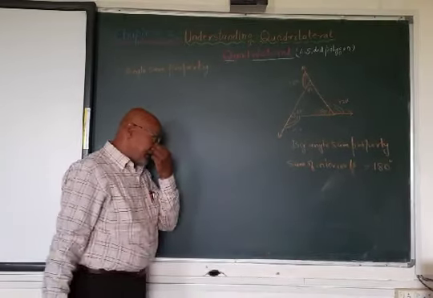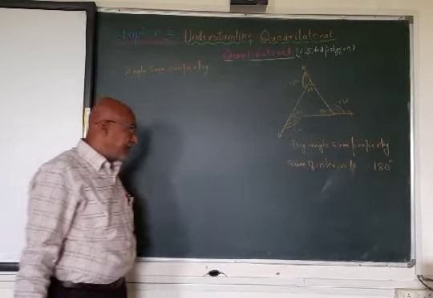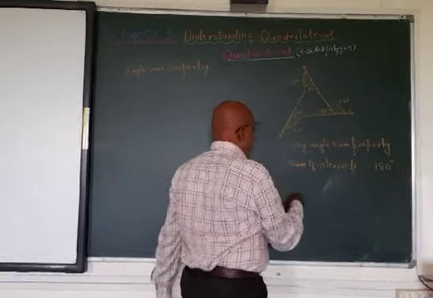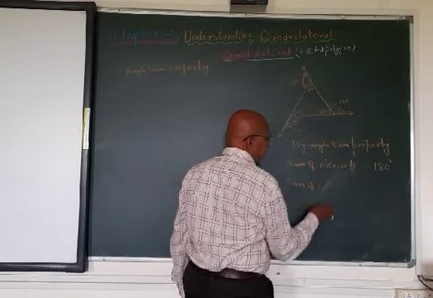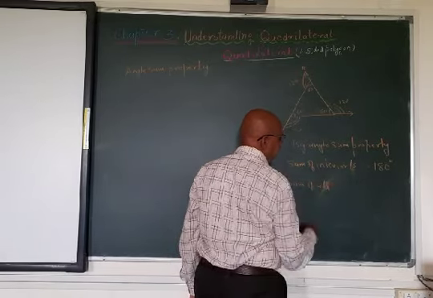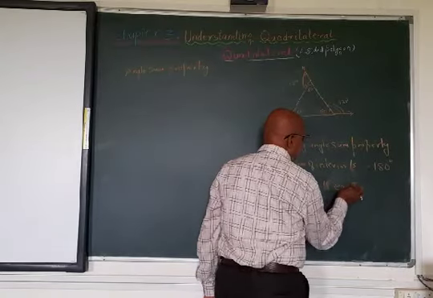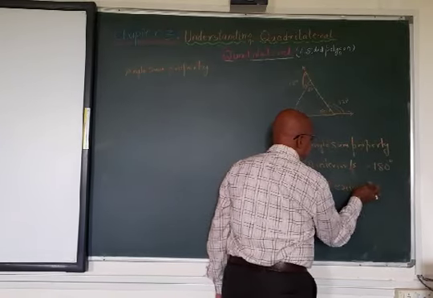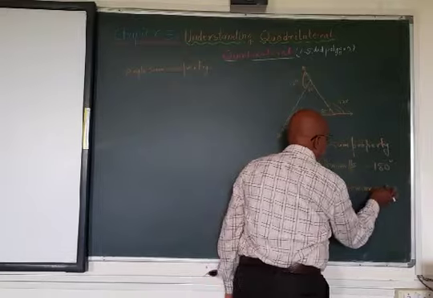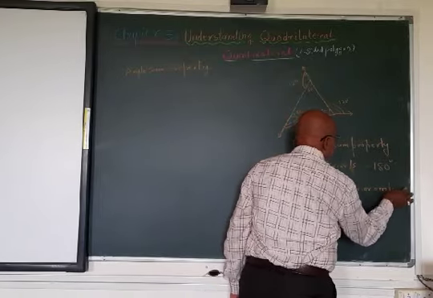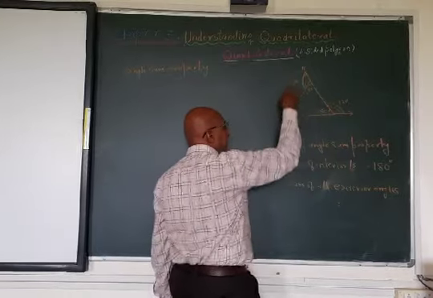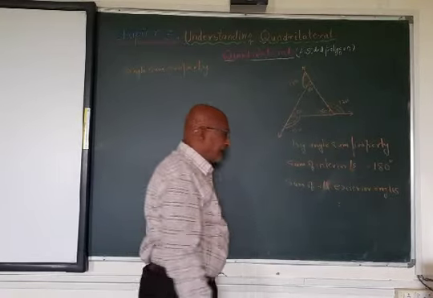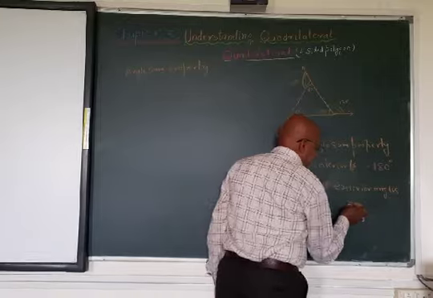Sum of all interior angles is 180 degrees. Sum of all exterior angles is equal to 120 plus 120 plus 120, which becomes 360.